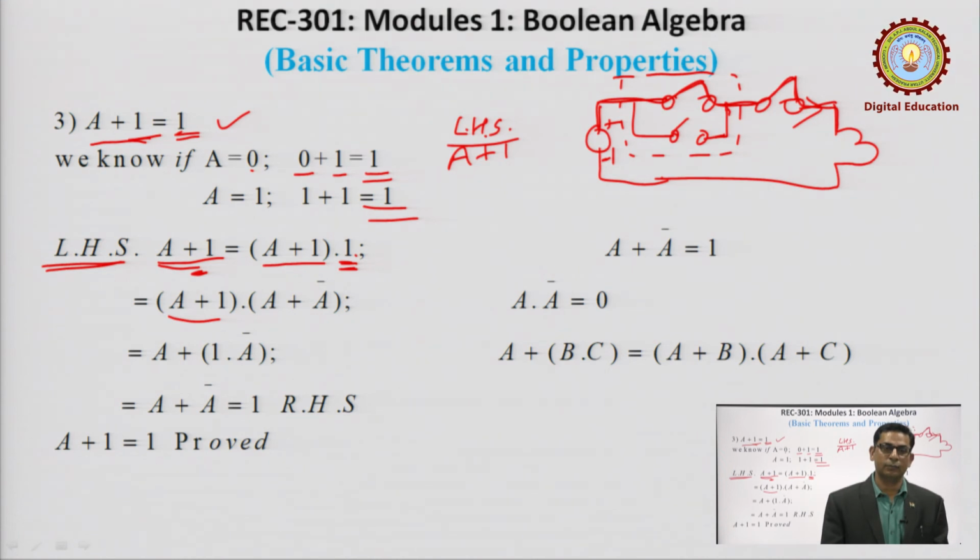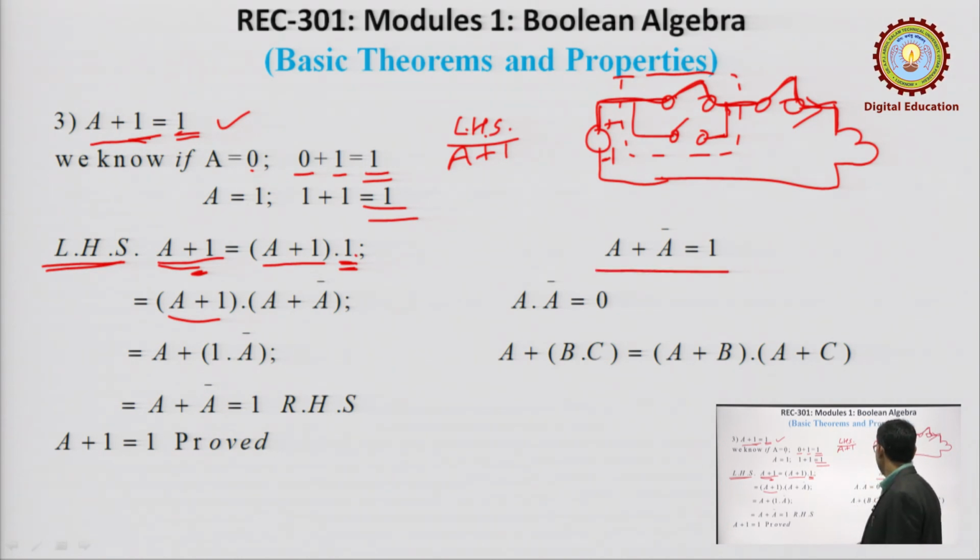So, you will get the output high, because one switch will supply to the load when the other is off. When the second is off, the first will supply. When the first is off, the current will go through the second one. Okay. So, that is why A plus A bar is equal to 1.